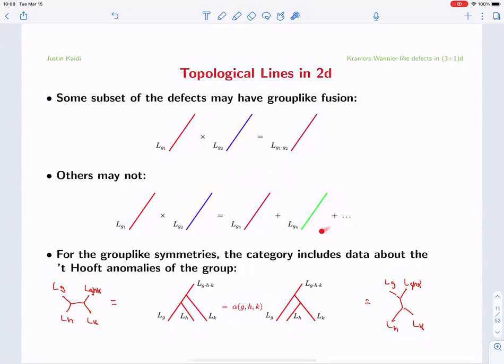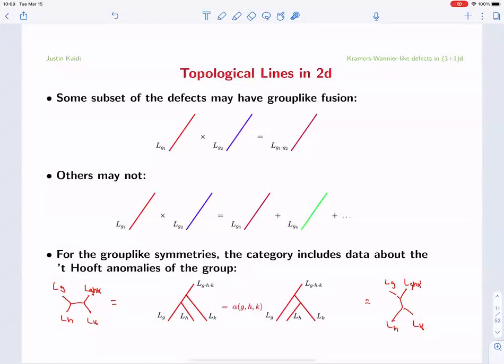Now, what about for this sort of fancier non-group-like fusion rules? And also, let me just say briefly that when we have these non-group-like fusion rules, we say that the corresponding defects generate a non-invertible symmetry. The reason that it's called non-invertible is the following.